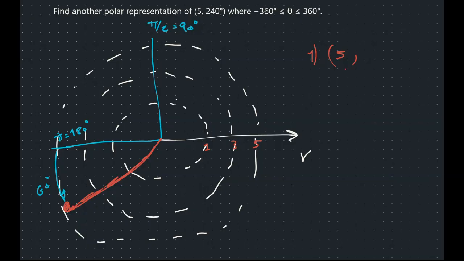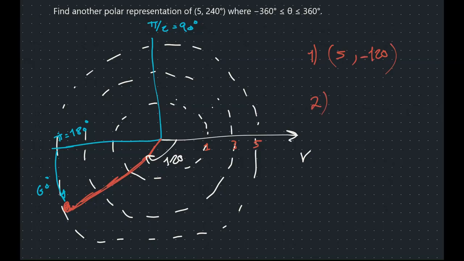However, the sign of the angle will change. So instead of doing 240, we'll do 360 minus 240, which is 120. So we went by 120 in this direction. And of course, going clockwise means we will have to put a negative sign.